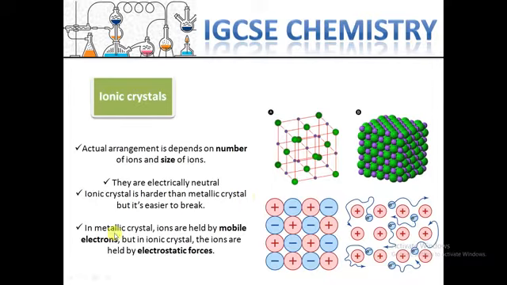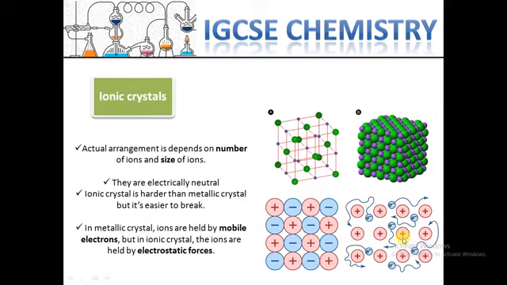In a metallic crystal, ions are held by mobile electrons, which I explained before. But in this case, electrostatic forces between positive and negative ions hold each other and take a position together.